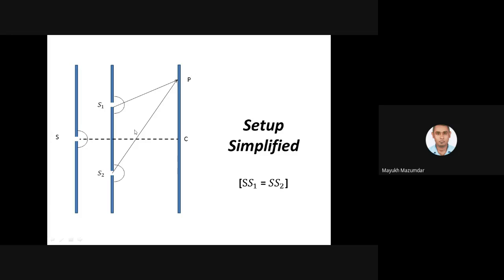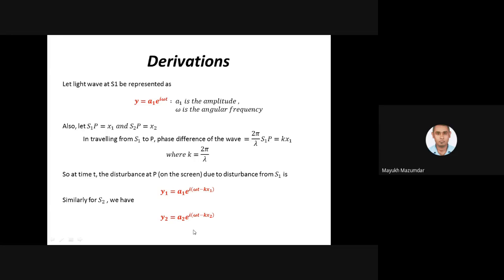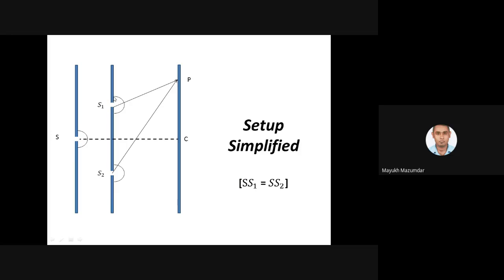They are in the same direction. No doubt, they are moving in the same direction towards the point P. So by the superposition principle, I will add them and take the resultant. Now see, don't get confused. When I'm talking about the equation y1, I am taking the source S1 as if it is independent of S2.